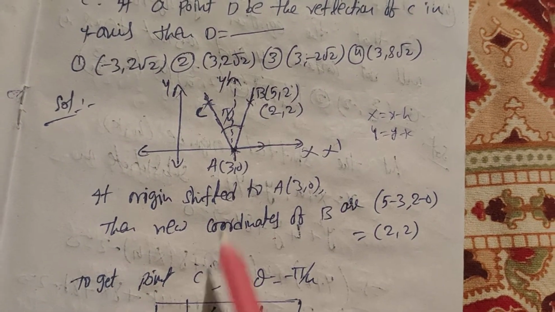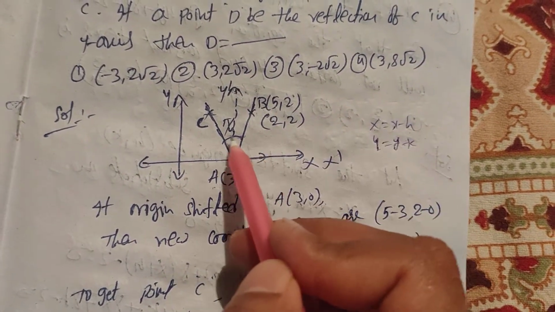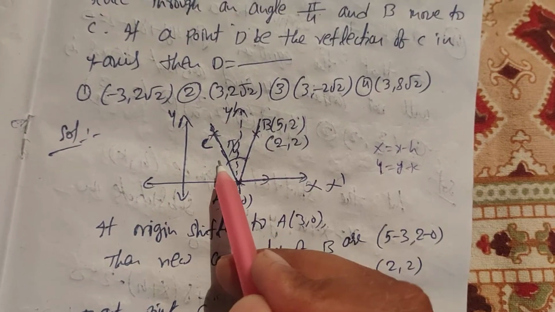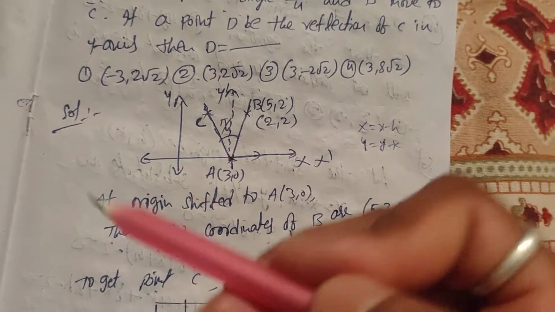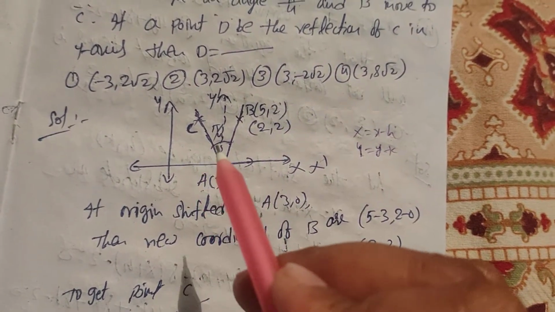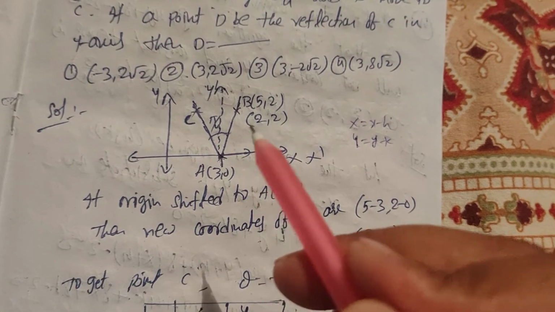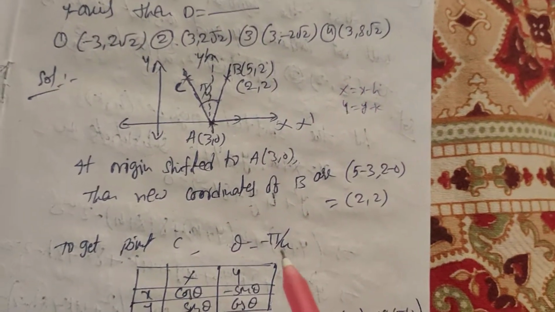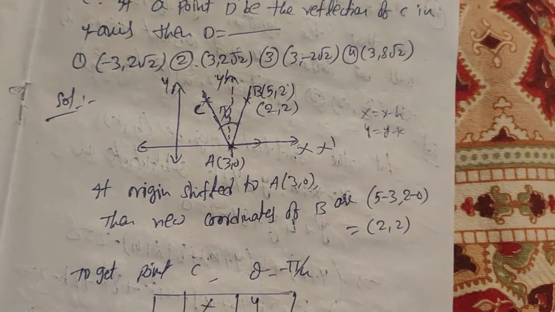Now to get point C, rotate about 5/4. Here we are rotating in anti-clockwise sense, but the same formula we apply according to the coordinate axis. Take the same table, but here they have given anti-clockwise sense, which means you take clockwise sense. That is very important.